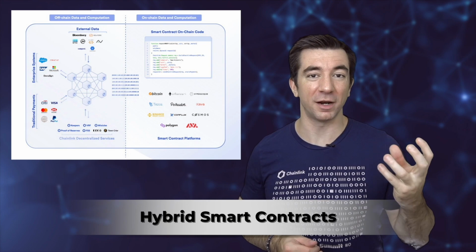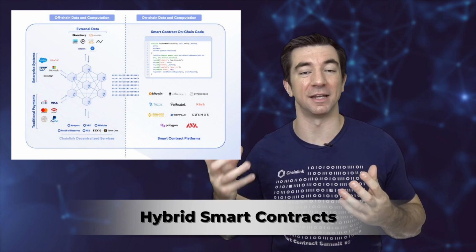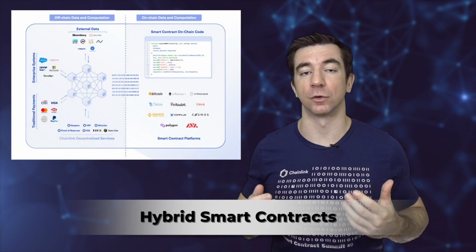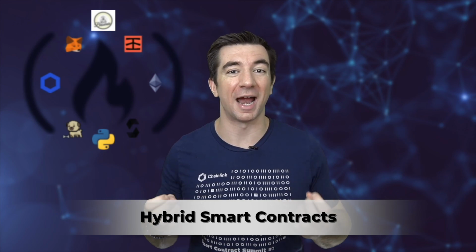Your on-chain logic will be decentralized on the blockchain, but you'll also need your off-chain data and external computation decentralized as well. Combining these on-chain logic settlement layers and these off-chain data and external computation builds what's called hybrid smart contracts. And a large majority of DeFi applications and the largest applications today are these hybrid smart contracts.